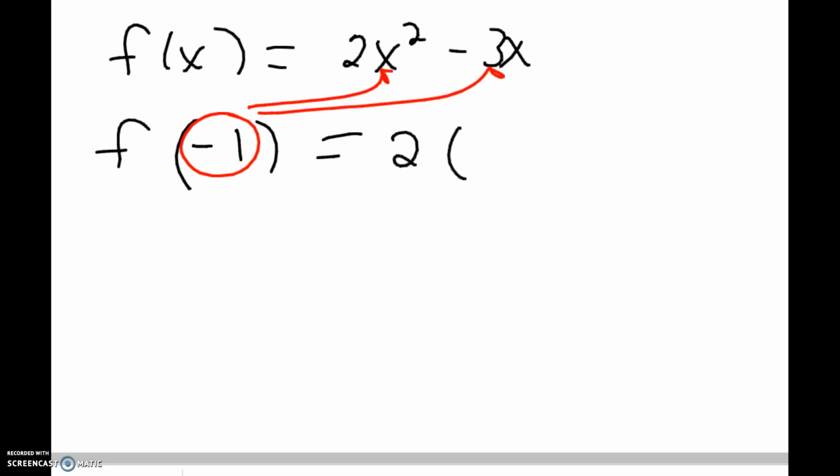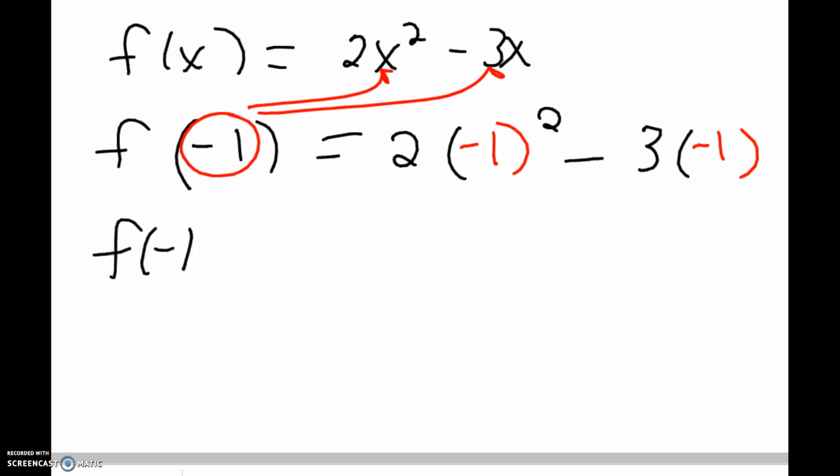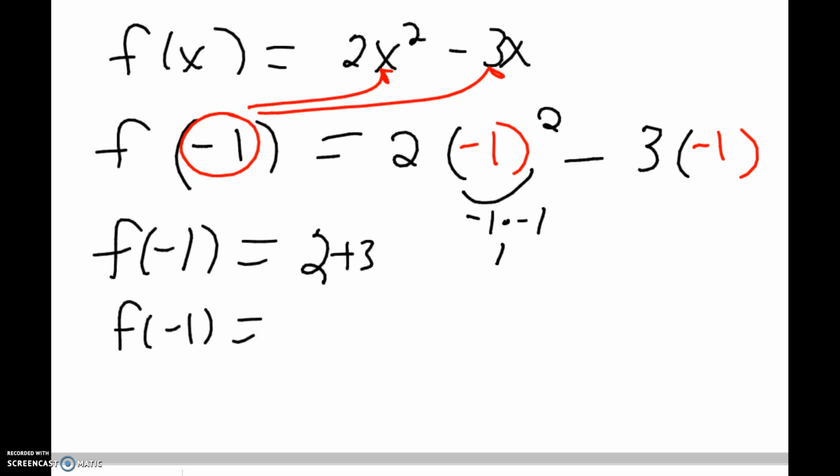So we have 2 times (-1) squared minus 3 times -1. So f of -1 equals, a -1 squared is -1 times -1, which is a +1, and then times 2. So our 2 times 1 is 2, and then a -3 times a -1 is a +3. So f of -1 equals 5.